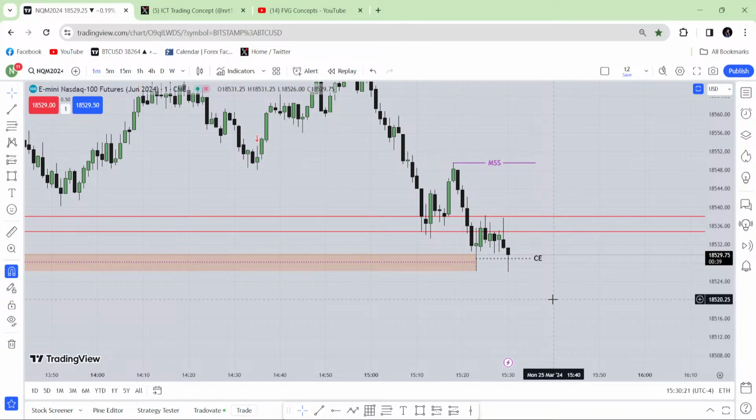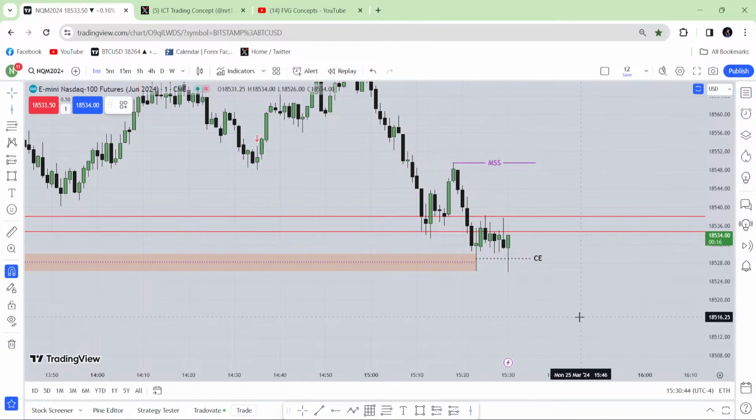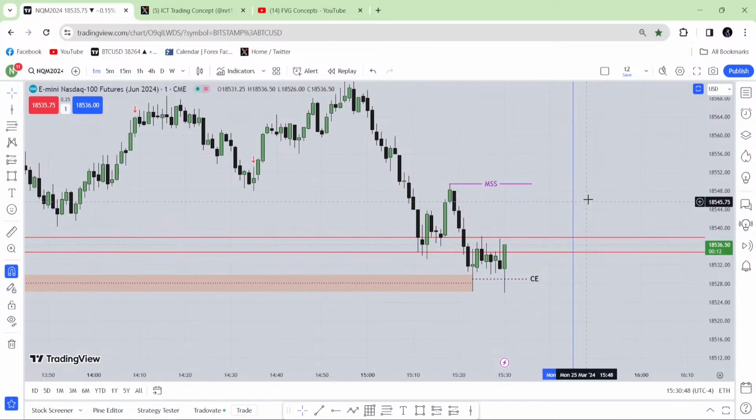Okay, a body didn't close below the consequent encroachment yet. Let's see where the body closes. If the body closes below the consequent encroachment, I'm done. I wanted a big candle right now, not this type of very Mickey Mouse move. No entry is valid after this line.